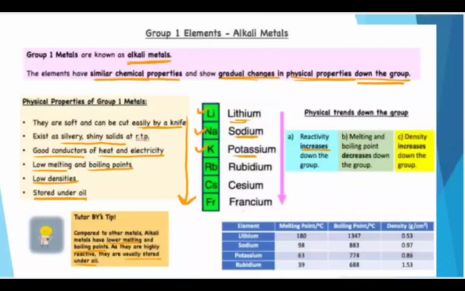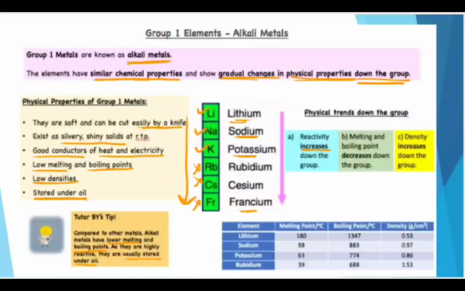If you've learned the reactivity series in 7th grade, we know that potassium is the most reactive of all the elements. Actually, francium is the most reactive, but since we are studying only the first 20 elements, we are not studying rubidium, caesium and francium. As of now, you have to know that potassium is the most reactive, then sodium, then lithium.